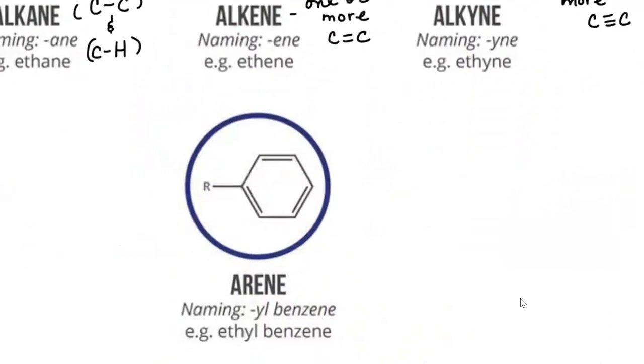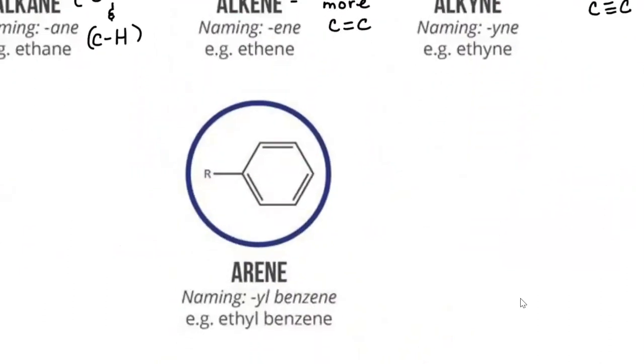And lastly, we have an arene. When it comes to an arene, arenes are very particular. You need to have a hexagon with alternating double bonds and single bonds.